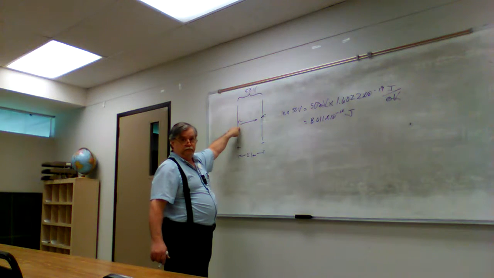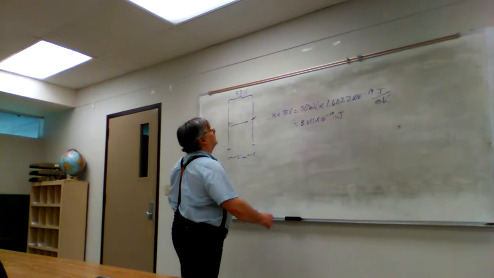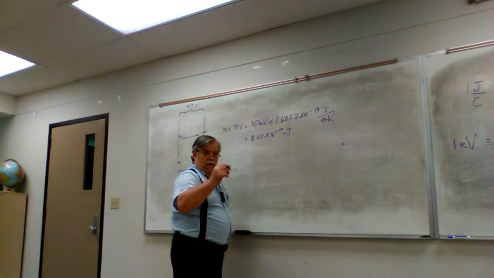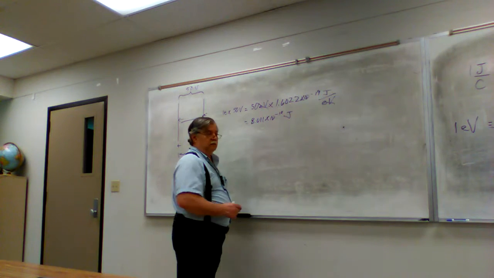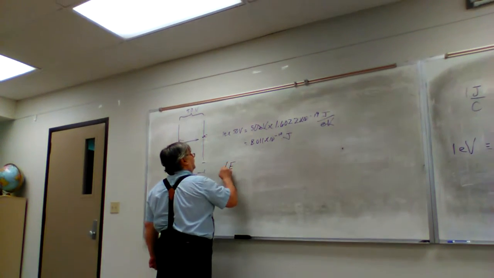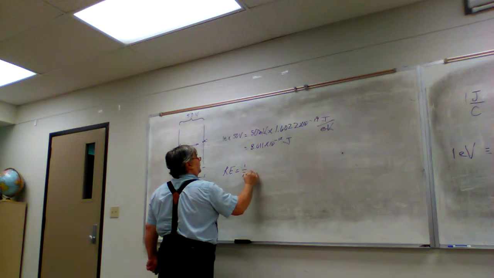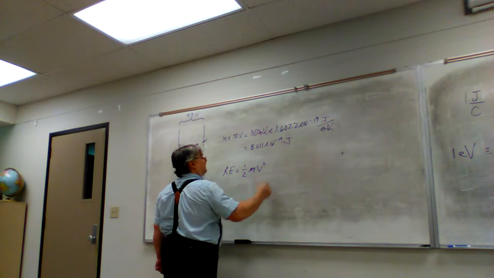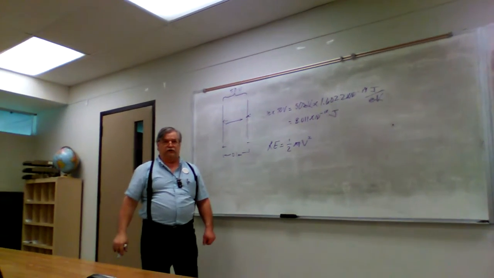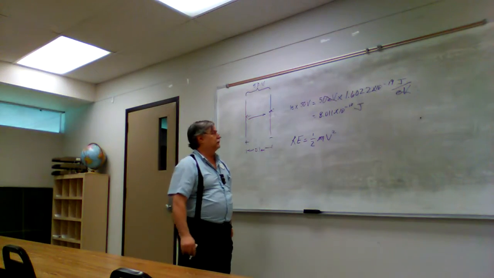Right? How do you calculate velocity from kinetic energy? One half mass times velocity squared is equal to its kinetic energy.